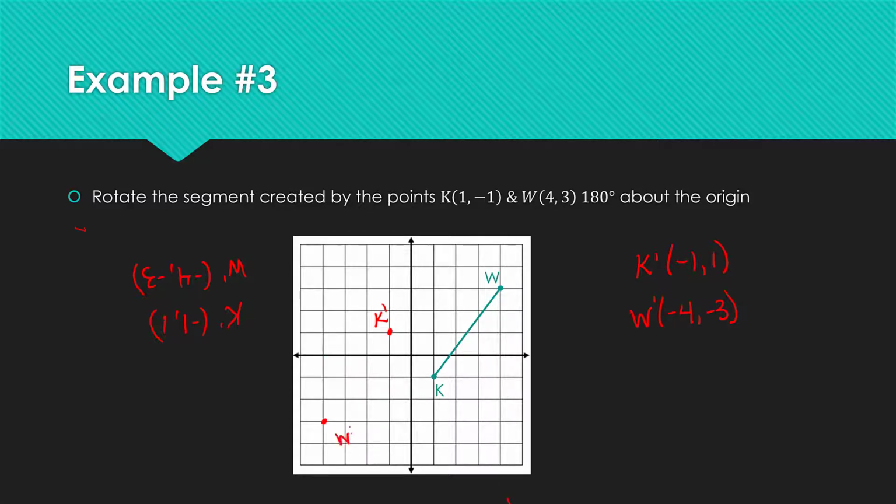And make sure you draw that segment in, K prime W prime. So that would be 180 degrees. And because 180 degrees is halfway all the way over, it doesn't matter if you go clockwise or counterclockwise.